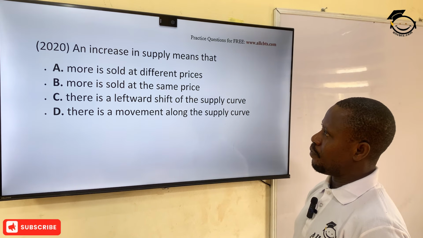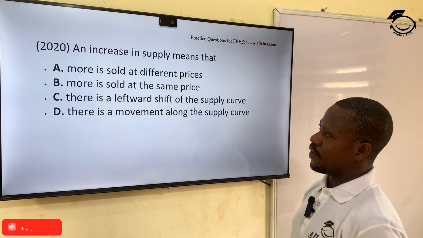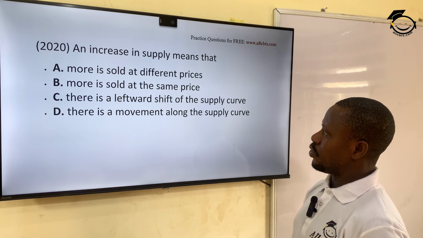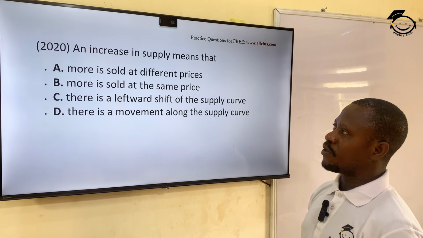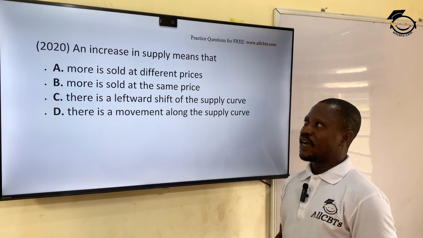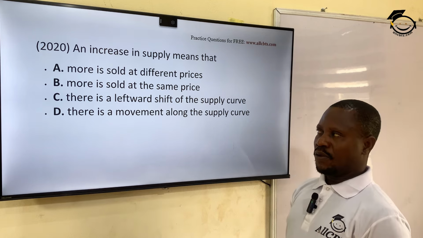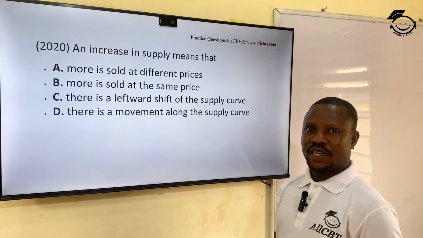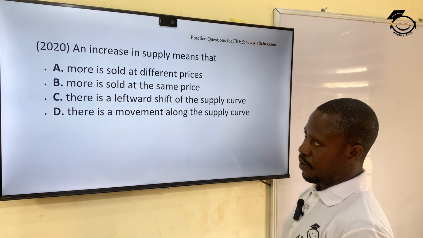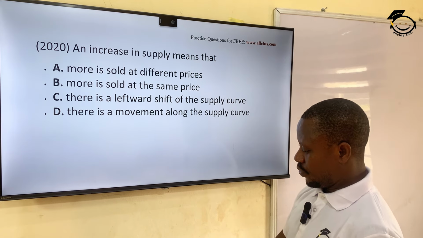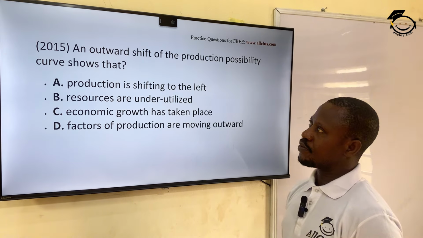More is sold at different prices, more is sold at the same price. There's a leftward shift of the supply curve. There's a movement along the supply curve. The answer is what? More is sold at different prices. Okay? The seller is ready to sell at different prices based on negotiation power of the consumers or the buyers. Option A is good to go for this question.